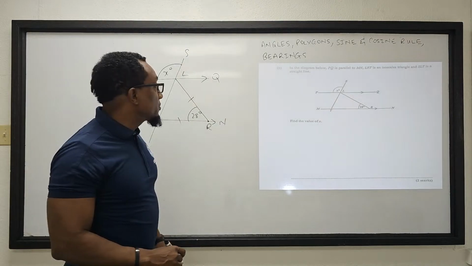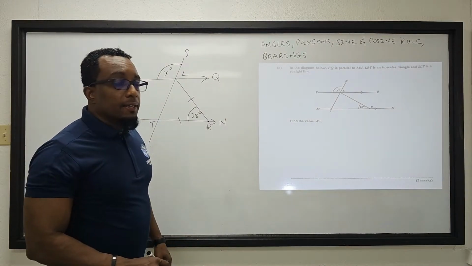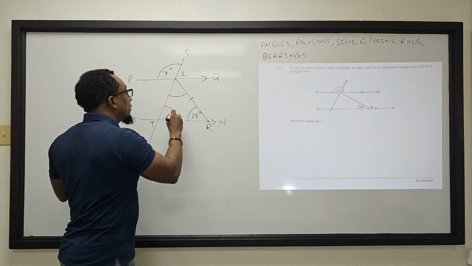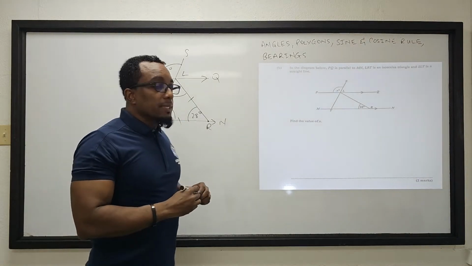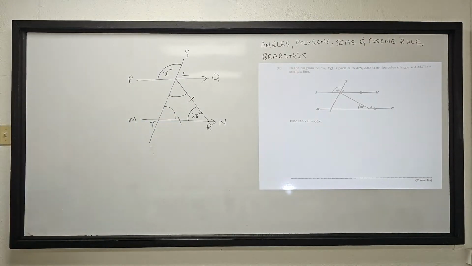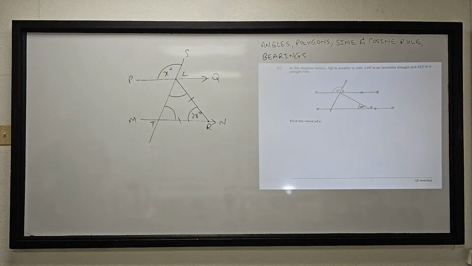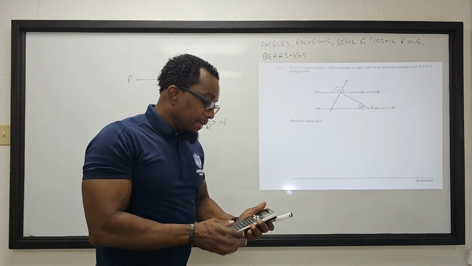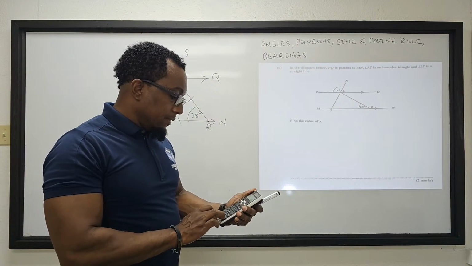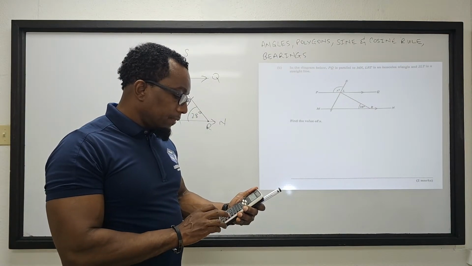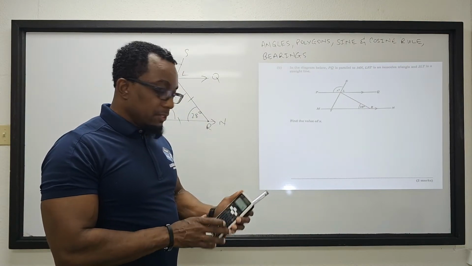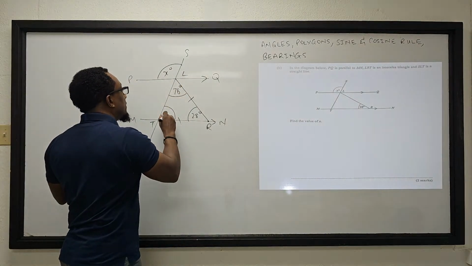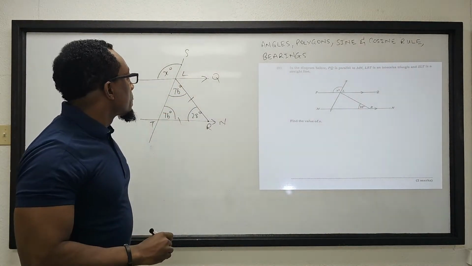For an isosceles triangle, the two base angles are also equal. To get those two base angles, we simply subtract 28 from 180, then divide by 2. So 180 subtract 28 equals 152, divided by 2 is 76. So this angle here is 76 degrees.